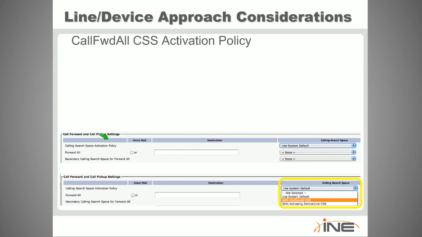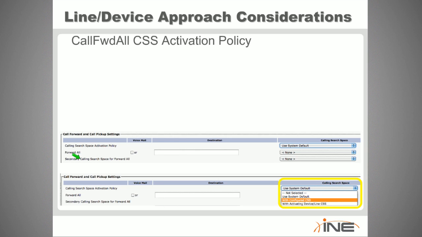On top of that, we actually have the calling search space activation policy. By the way, these are two of the same screenshot, okay, that you see here and then you see here. I only captured it twice. That way you could see the drop down from the calling search space activation policy. Otherwise it covers those two forward all primary and secondary CSS.